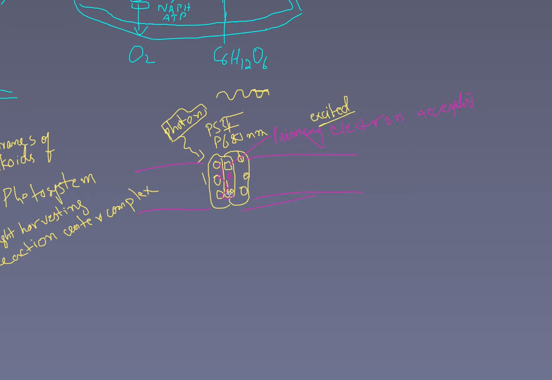Now if this chlorophyll molecule, these two circles right here, loses the electron, who's going to make up for that electron? That's the place where water plays its role.